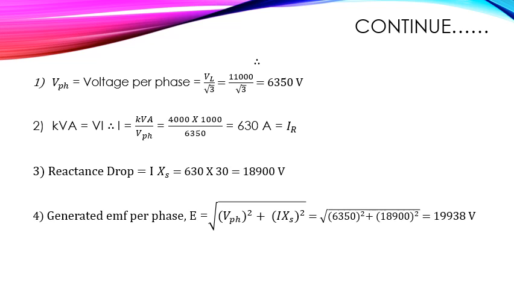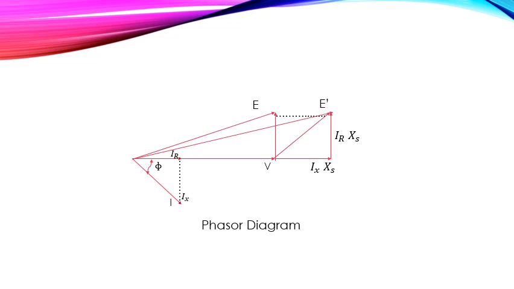So the answer is generated EMF per phase is 19938. First we will draw the phasor diagram with the values before the excitation, that is with V as a reference, and then with the values after the excitation, that is the IXS drop.